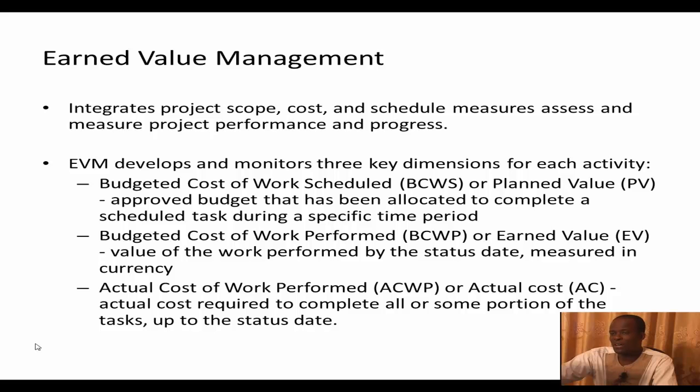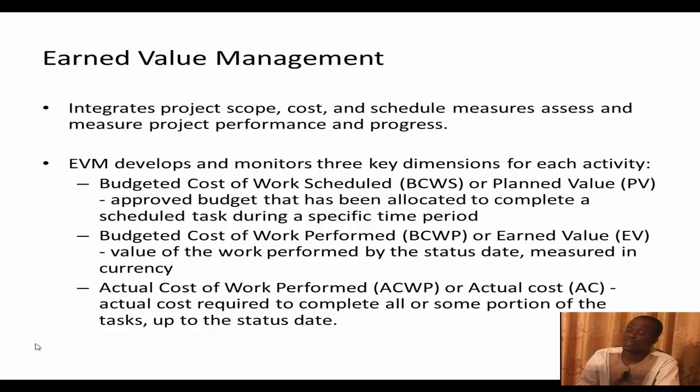But that 50% of the work must be computed in monetary terms. So what you do is multiply 50% by the 100 Ghana cedis, and that gives you 50 cedis. So instead of getting a value of 100 Ghana cedis for the project, you are rather getting a value of 50 Ghana cedis. That's what we mean by the earned value, or the budgeted cost of work performed.